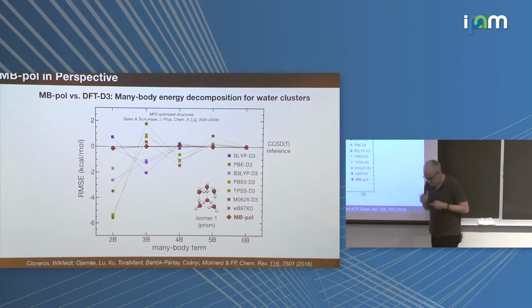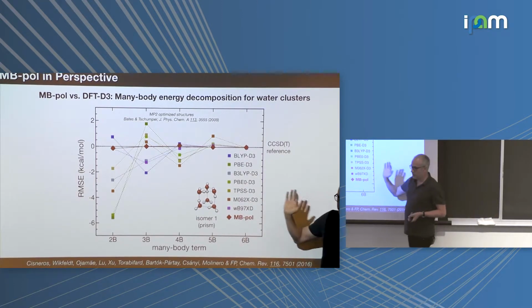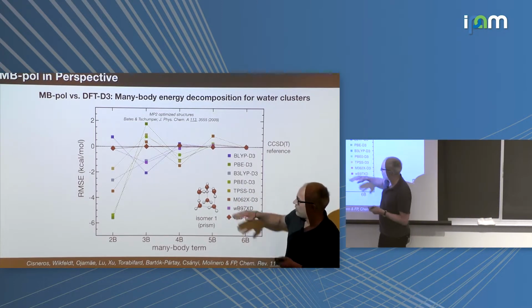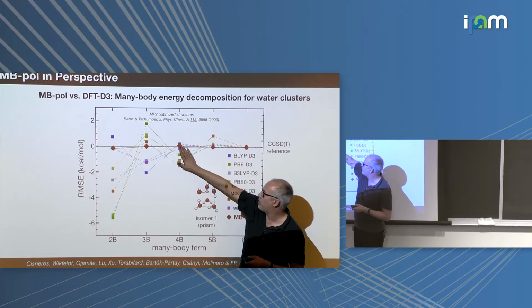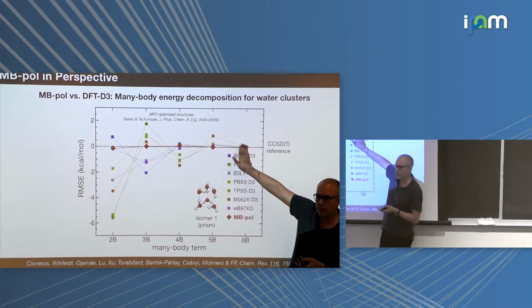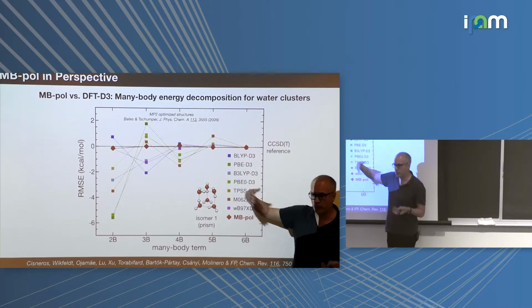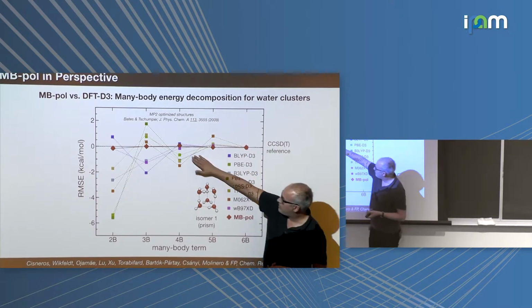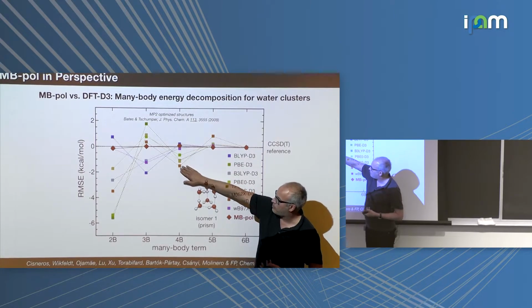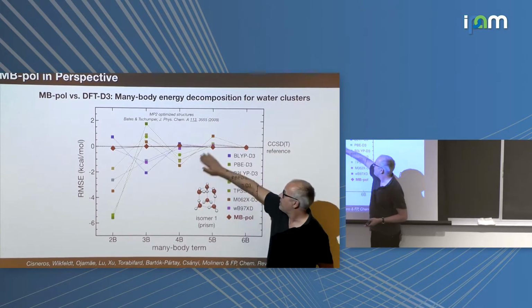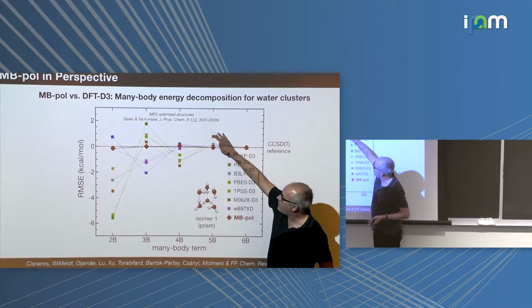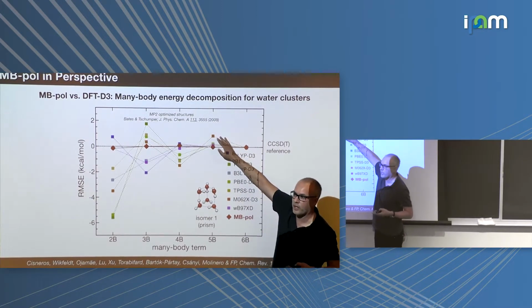For people that are interested in electronic structure, this is quite, in my opinion, worrisome, because I showed you before that a classical model is able to reproduce the 4-body, 5-body, and 6-body energies quite correctly, because that is what MB-pol uses. These density functionals here have errors of up to almost 2 kcal per mole at the 4-body level. This functional here has an error at the 5-body level of 1 kcal per mole.